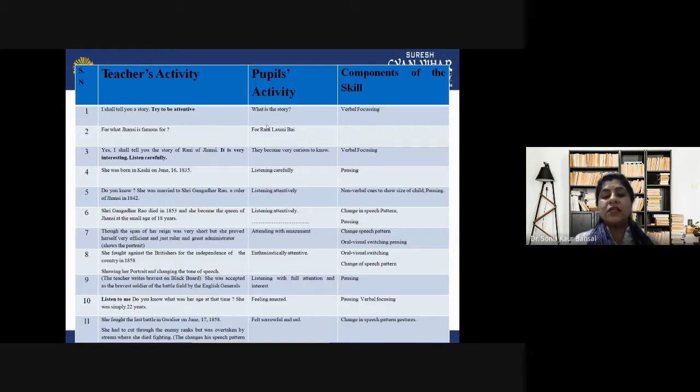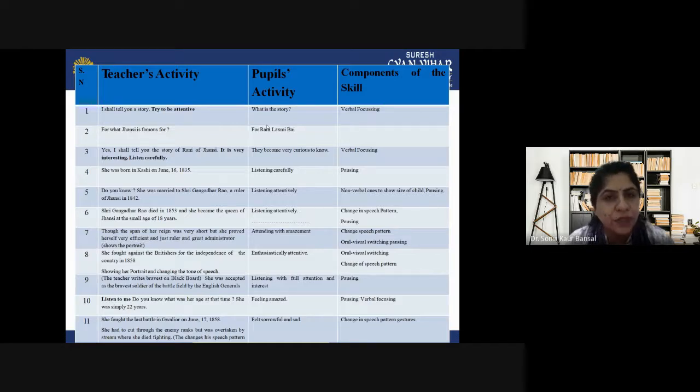Now, in this, the non-verbal cues to show size, and pausing are also given. And so on, you can see all the components like change in speech pattern, oral visual switching, pausing, verbal focusing, and gestures. It is all followed by the questions.